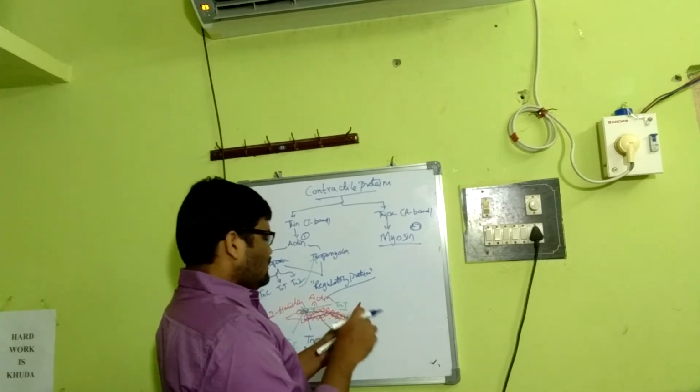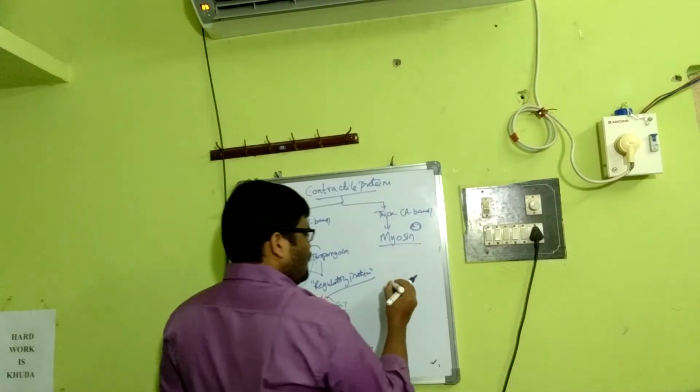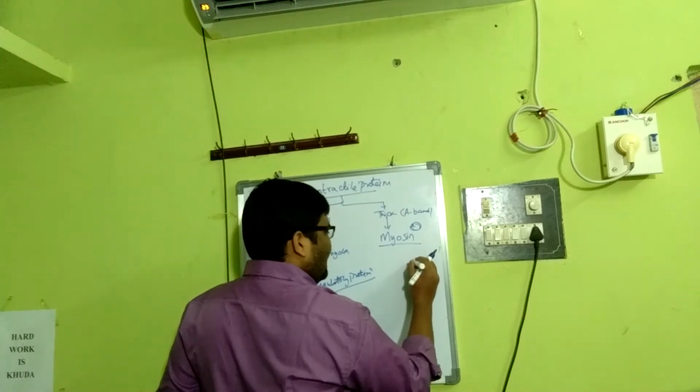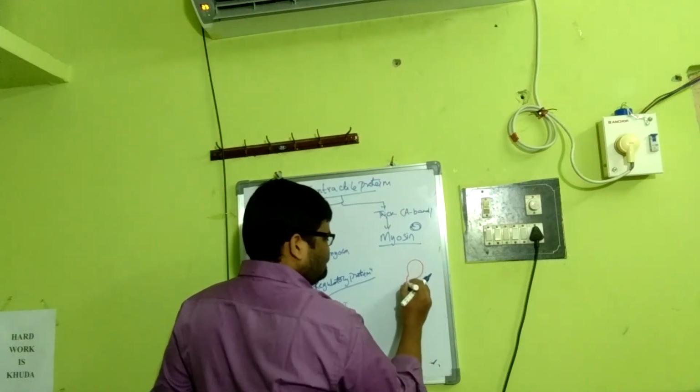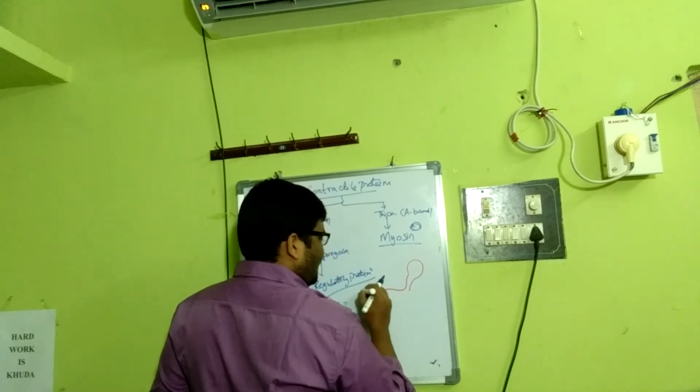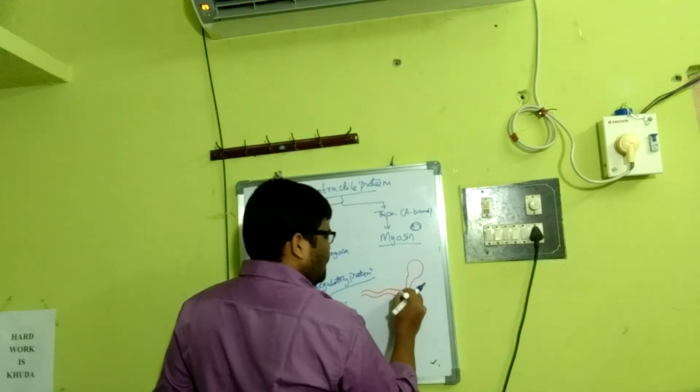Myosin is a bit different. It consists of a globular head, a short arm called the neck, and a tail. I am just drawing one particular myosin.